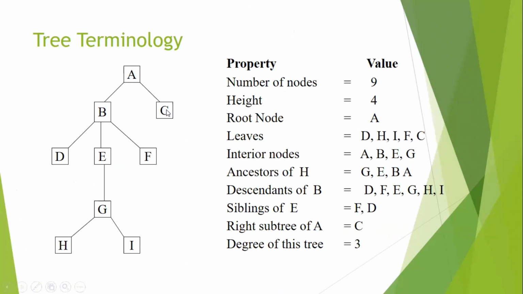Why is it 9? 1, 2, 3, 4, 5, 6, 7, 8, 9. The height based on this illustration is 4.